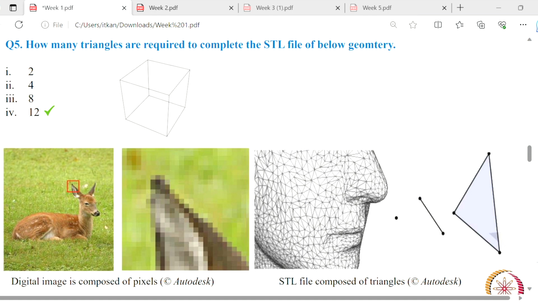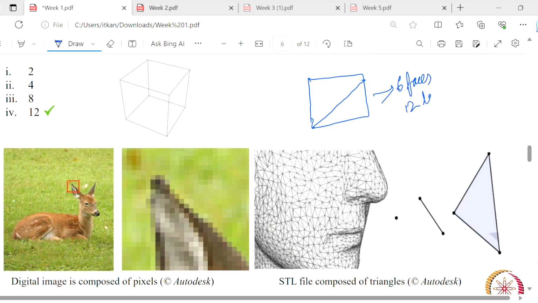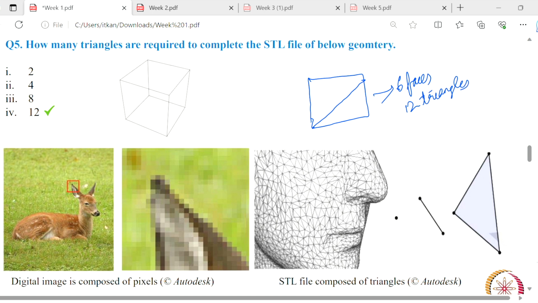Now, in this we have six faces. So the thing is, how many minimum triangles are required to convert this model into an STL file.